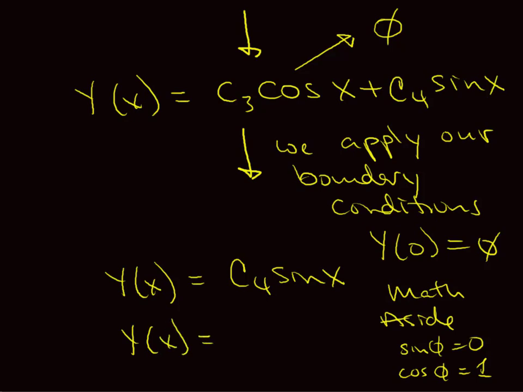And we can also say that y of x is equal to some constant. That's all c4 is. It's just a constant. So it's equal to a sine of x. Well, that looks pretty good to us, that description of y of x is equal to a sine of x. Okay, that's a sinusoidal function with respect to x. And we could also put it with respect to time. Well, let's just say we do that.